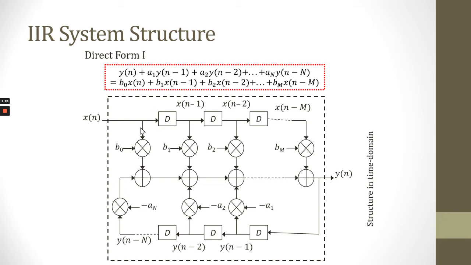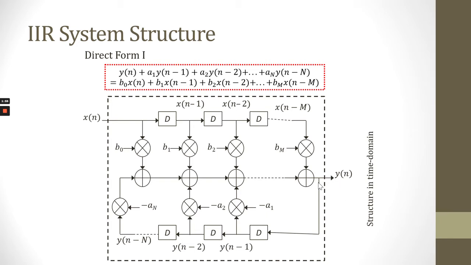So the difference between IIR direct form 1 and FIR direct form 1 is this lower part, representing the past output. The upper part is as in the previous FIR direct form 1: current input, past input after a delay unit in the time domain, and coefficients.